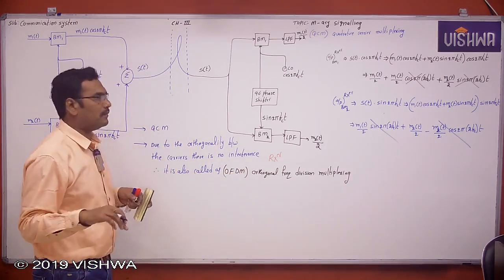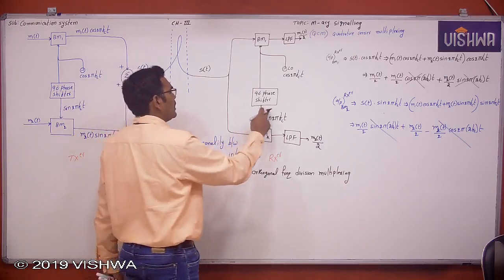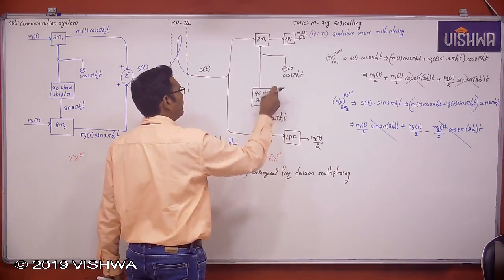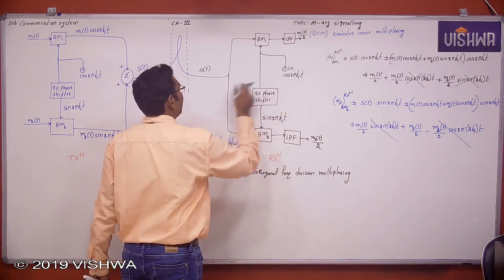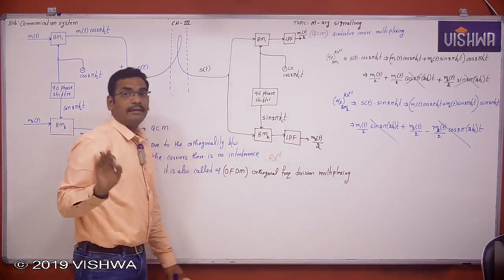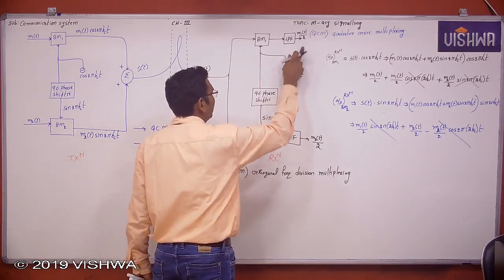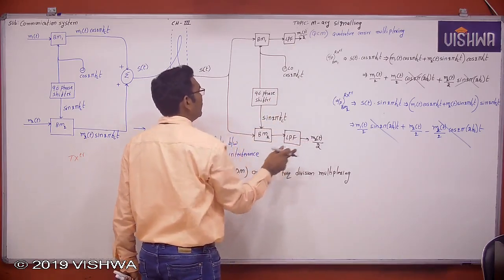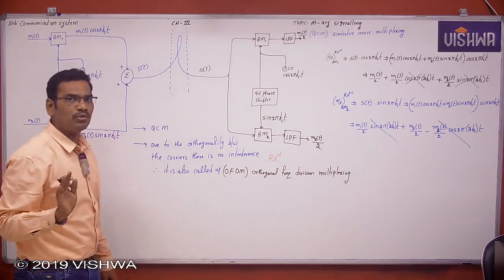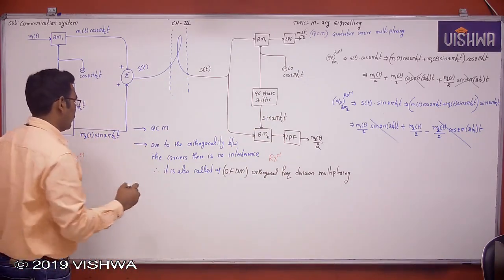And one more thing, due to this orthogonality behavior between the carriers, even if there is a phase mismatch, there is no quadrature null effect. When phase is 0, this signal is coming. When phase is 90, this signal is coming. Now, if the phase is between 0 and 90 degrees, the output will not be 0.